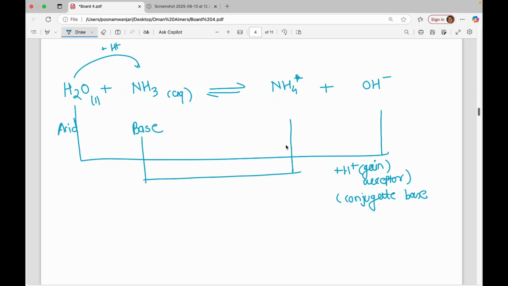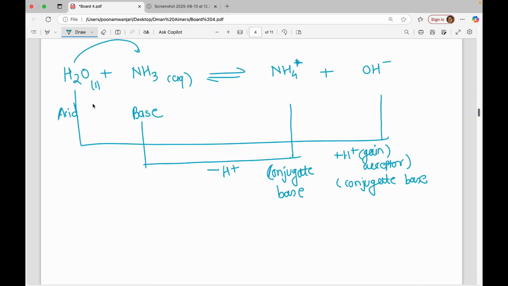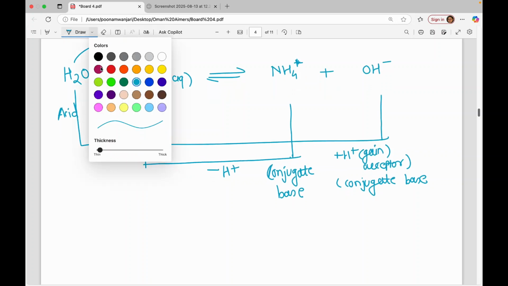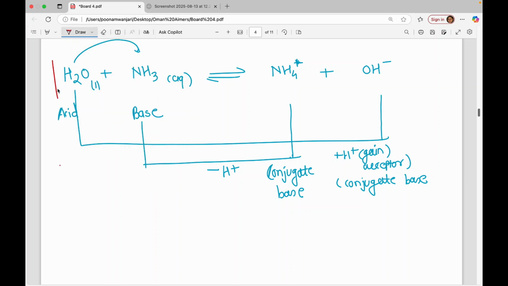And this is the base, because when the ammonium ion loses one H plus, at that time we get ammonia, so it is able to donate H plus, and this is the reason it is a conjugate base. Sorry, students, it's a conjugate acid. So here the acid base pair is water, which is the acid, and its conjugate base is OH minus.